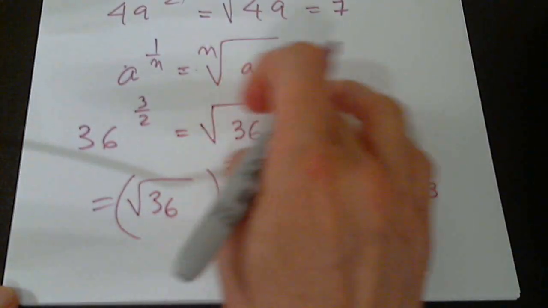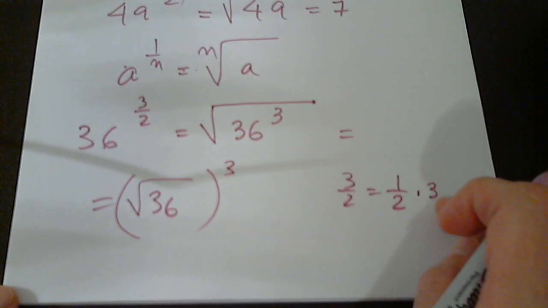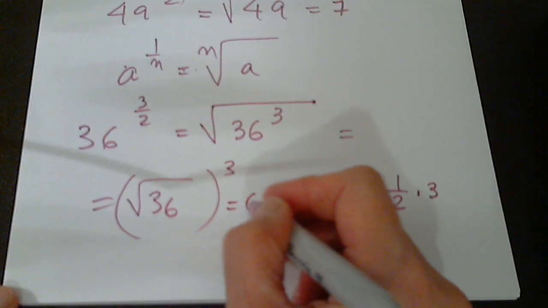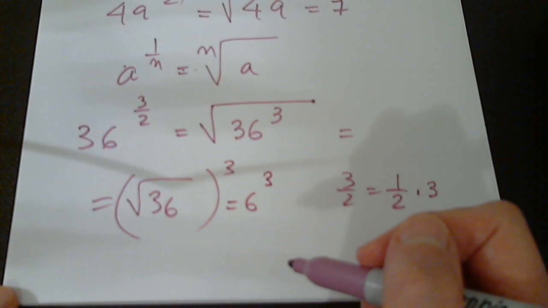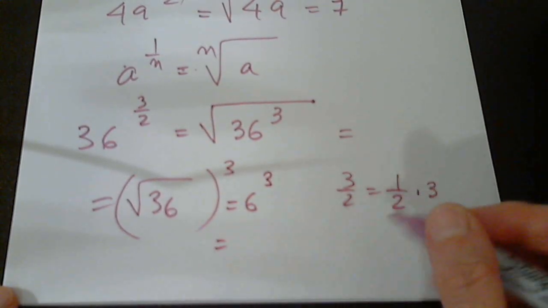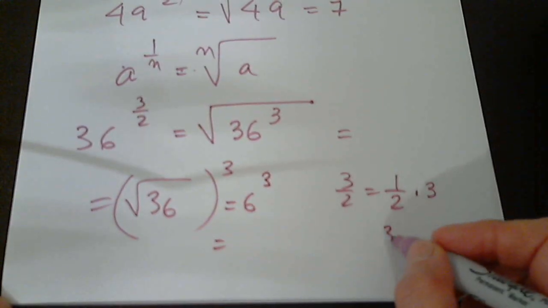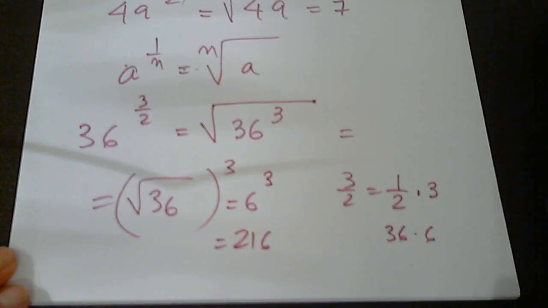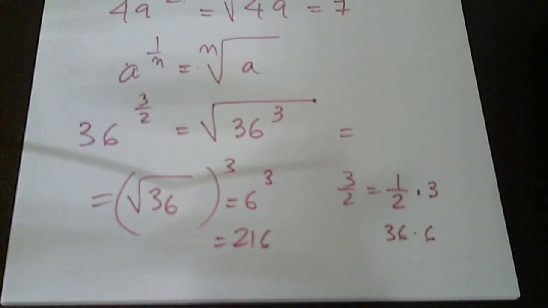You apply the square root first, and then you cube the answer. Since this is 6, the answer is 6 to the 3rd. And 6 to the 3rd is what? 36 times 6. 216.